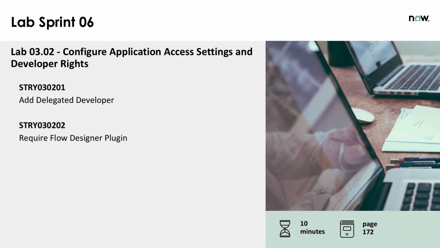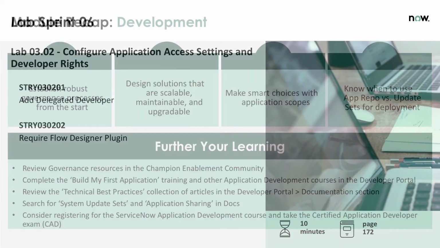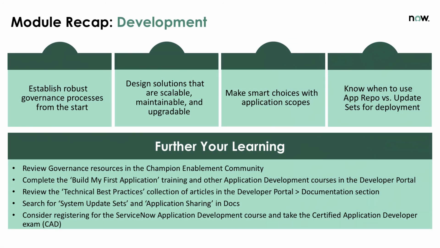We finally get into a fairly quick lab, just about 10 minutes, to add delegated developer to the HHD app and require the Flow Designer plugin in order to install the HHD app. So that's it for the development module.